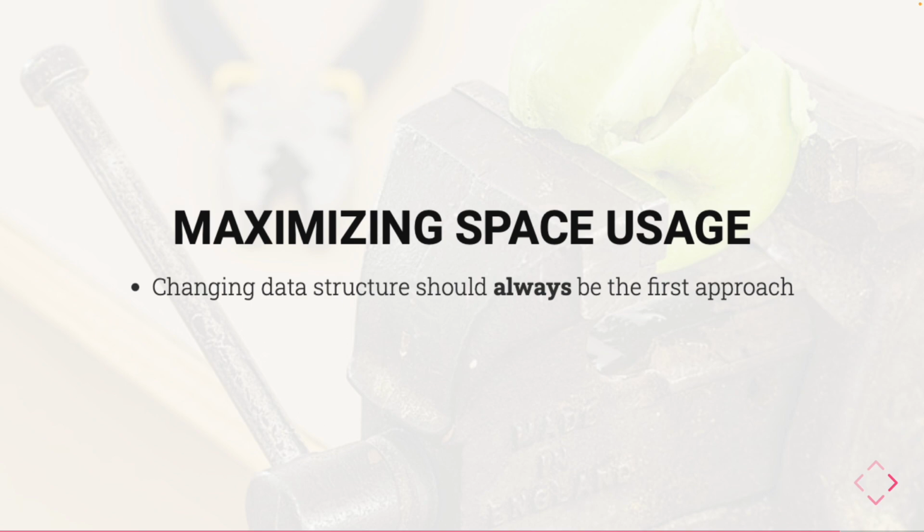This is yet another programming practices lesson that we're going to use C as an example for, but is generalizable to pretty much everything. If you have slow code, you should think about the data structures you're using. And changing the data structures should always be your first approach.